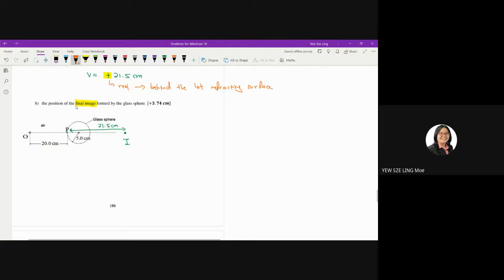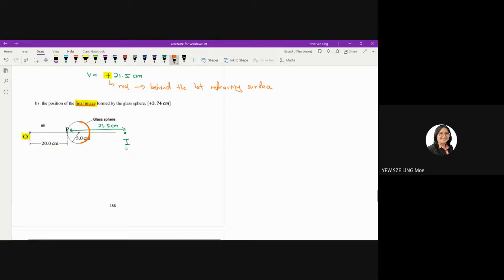Question B asks you to find the final image. So we have to repeat the calculations once again, but now for this second refracting surface. When it comes to the second refracting surface, how are we going to determine the object distance? Just now, we took the object on the left-hand side.